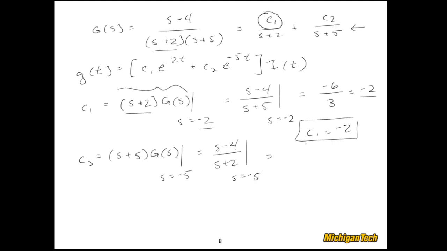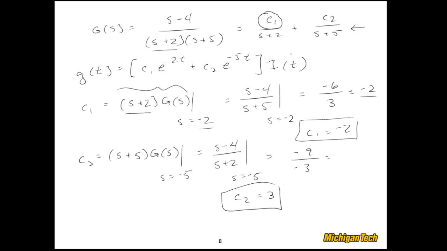And that is negative 9 over, let's see, s equal negative 5, so over negative 3. So it looks like c2 is equal to 3.